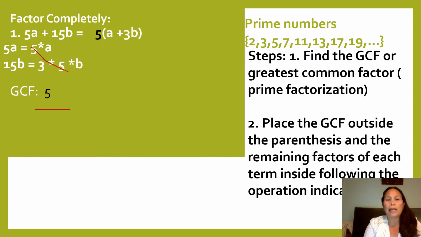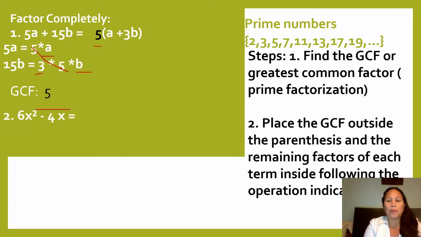You're going to put that outside, then times the quantity a plus 3b. Now, where did we get that a? A is the remaining factor of the first term, 5a, and 3b is also the remaining factor of the second term, 15b. So that's why we have a plus 3b inside the parentheses.